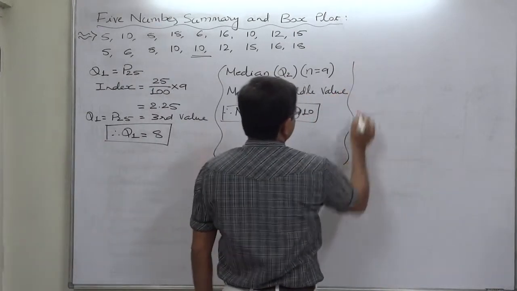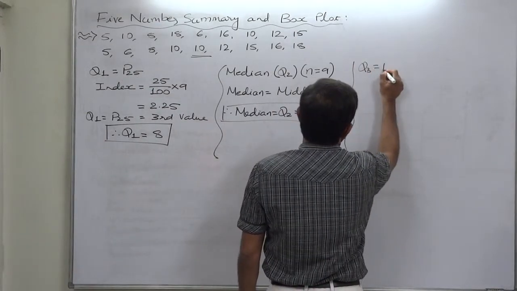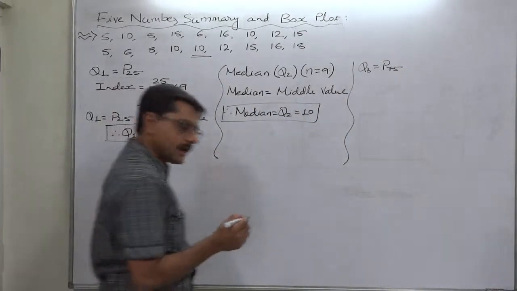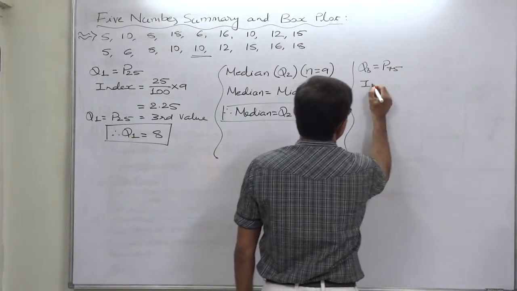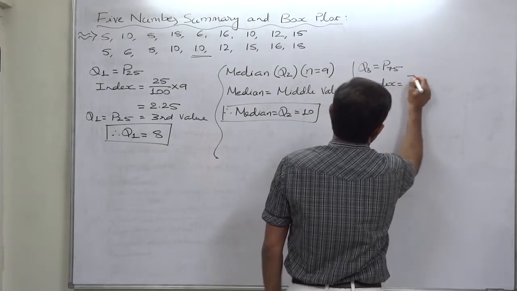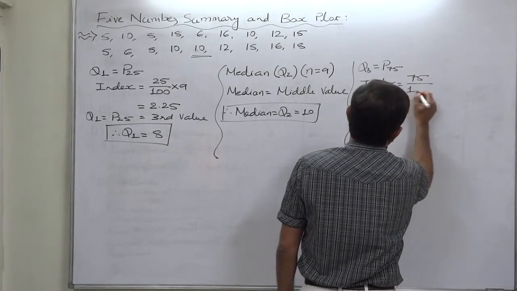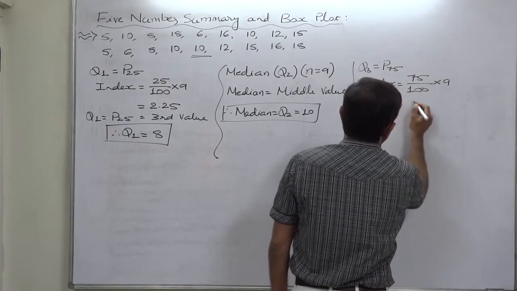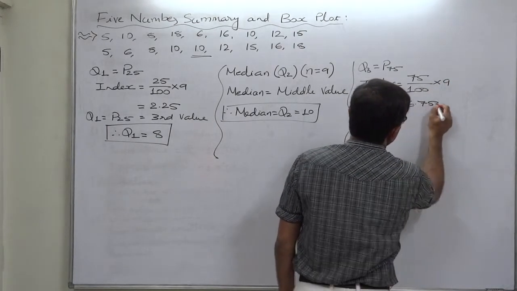And now let us determine the third quartile Q3 or P75, the 75th percentile. Again we have to calculate the index for it. Here the index will be 75 upon 100 into n, meaning 9. 6.75. It comes to 6.75.